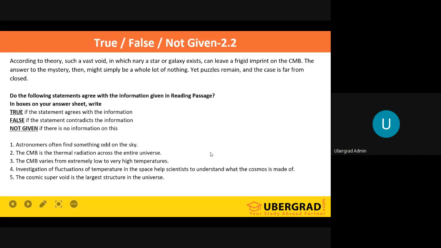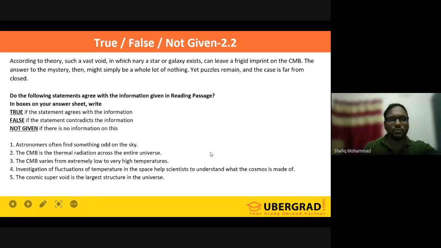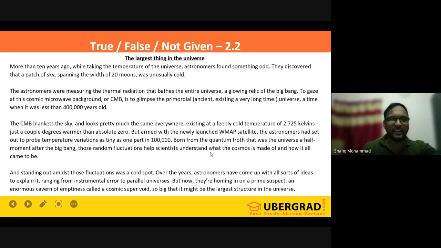Sorry to disturb you. Actually, a question has come on the fourth question. Okay. Vesit says, but sir, they haven't investigated. In the paragraph, they have mentioned random fluctuations. Hmm. So what do scientists do? Scientists investigate, isn't it? Why are they doing these researches? So researchers are also doing investigations, isn't it? So it starts from here: born from the quantum fluctuations of the universe in the first moment after the Big Bang.